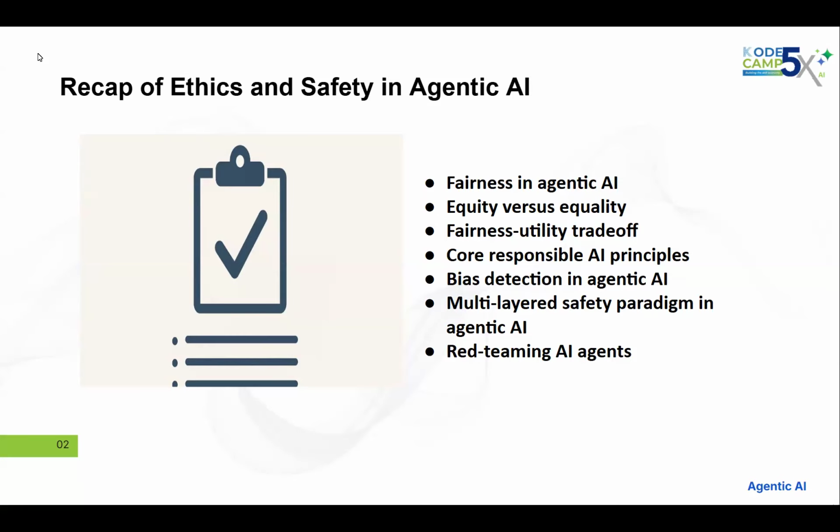And the last one is output and actions guardrails. This checks what the AI produces or does before it sends out any response or information.